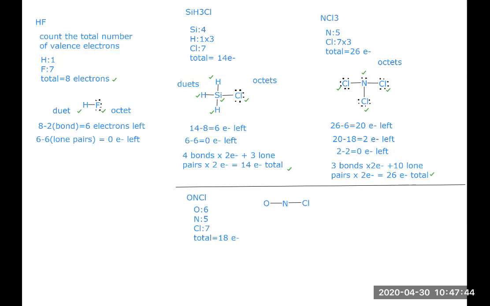So let's calculate that here. We have 18 electrons in total minus 2 single bonds times 2 electrons, it's 4. So we've used 4 electrons, and that's 14 electrons left to distribute, right?